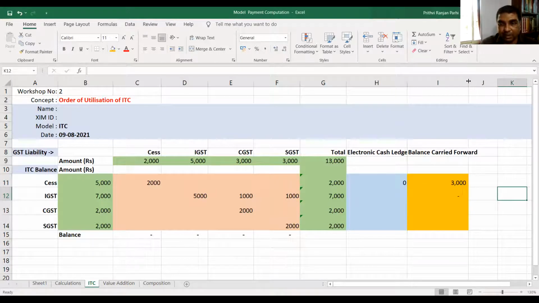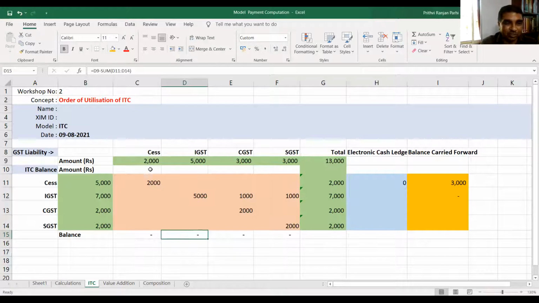Sir, the balance which is written below 2000, cell number B15. B15, this is there, no? B15 is balance. It is 0, 0, 0.